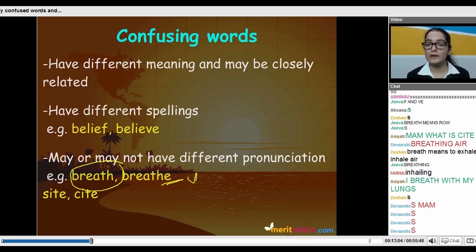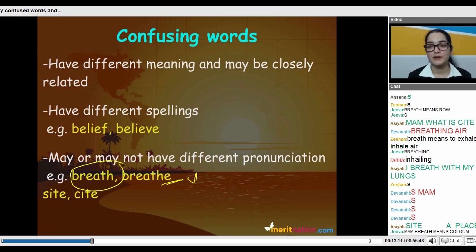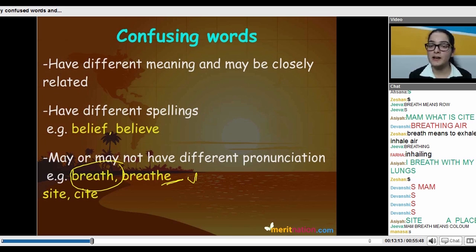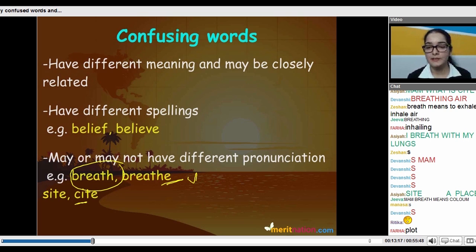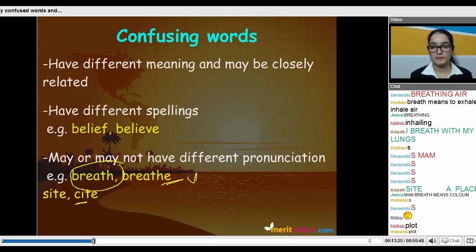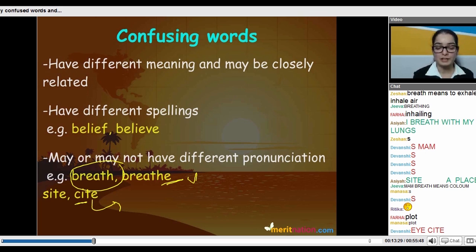Similarly, we have words like sight, cite. You remember we did this in homophones? Sight, a place. Very good, Asya. Yes. And this cite with C is? Cite with C is to quote something or to refer to something.